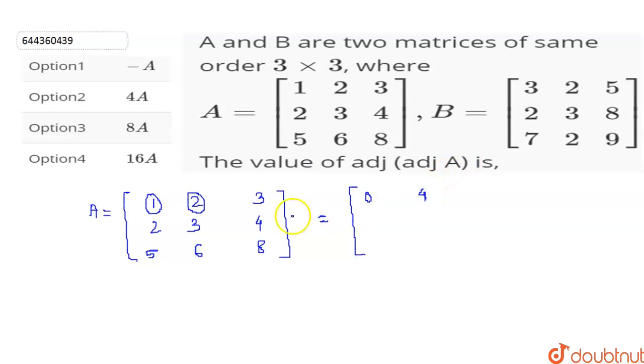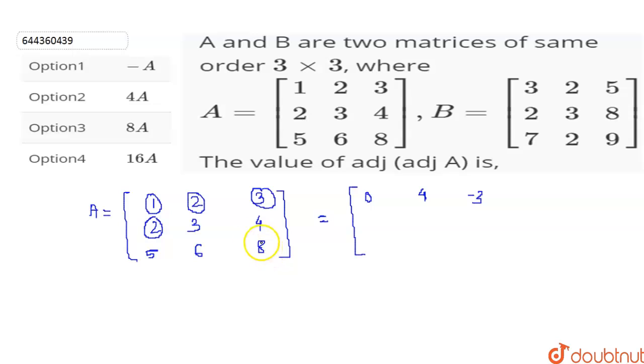Right, and to calculate the value for this entry, we are going to find the determinant value of this matrix, 2 5 3 6. So this becomes 2 into 6, 12, minus 15, that gives us minus 3. Right, now we have to calculate the value for this entry. So we have to find the value of determinant 2, 6 and 3, 8.